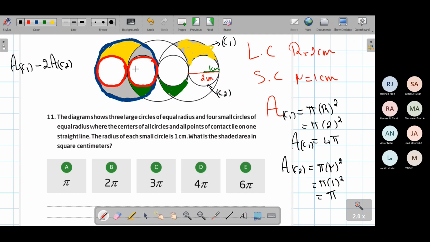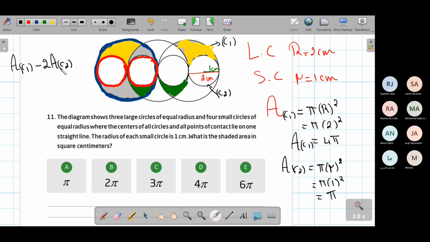Again, guys, look at this part. This area inside the blue line is the area of C1.